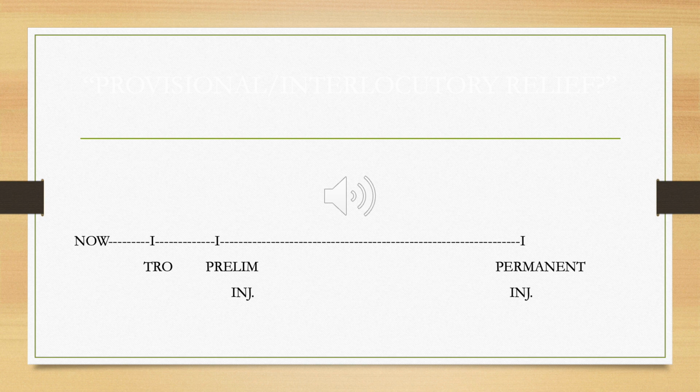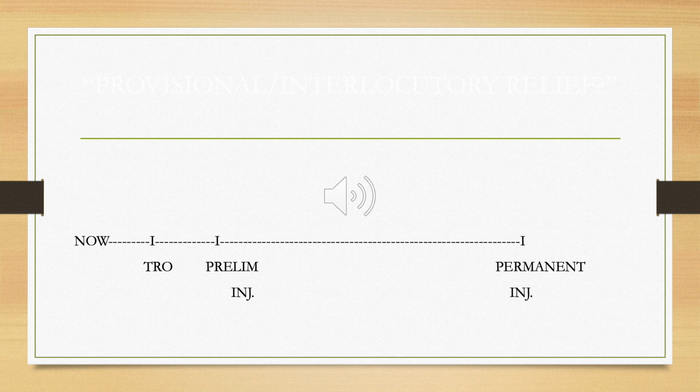Typically speaking, there is also this other intermediate period of time, again, before a full trial on the merits, but not within days. Preliminary injunctions are usually issued after a little bit of a longer period of time.